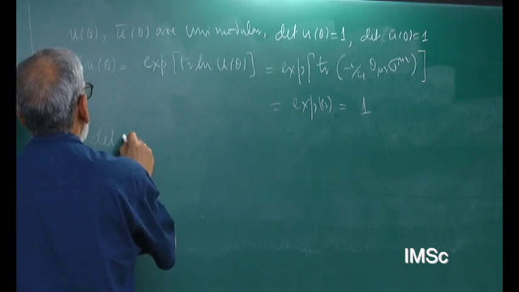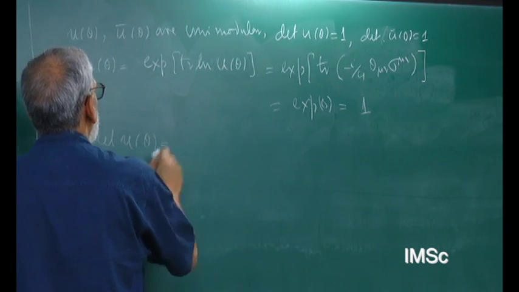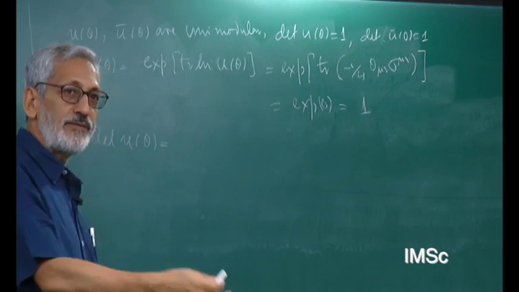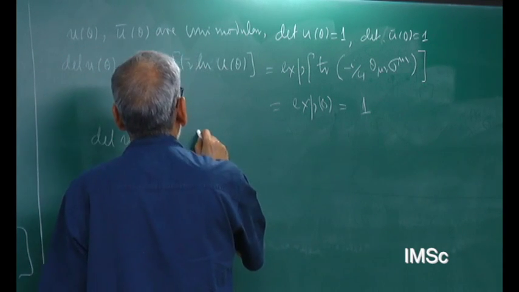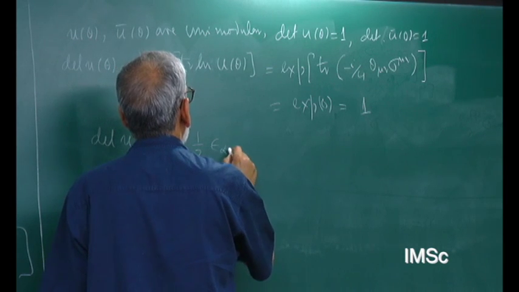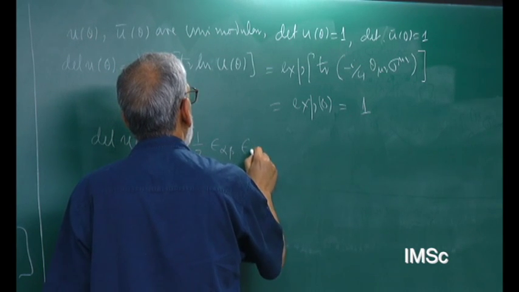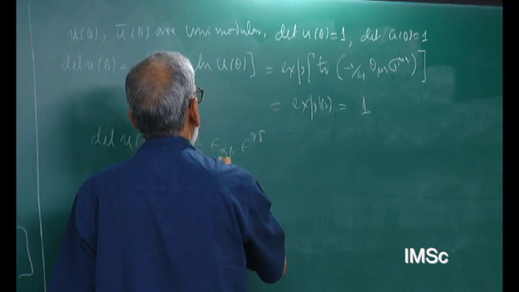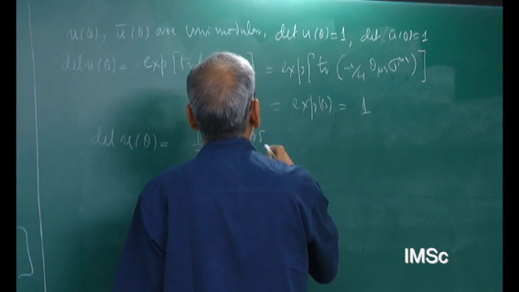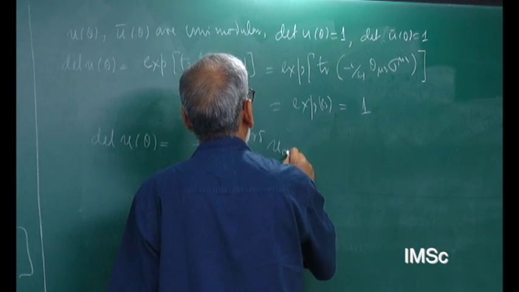So this was one way of writing the determinant of U theta. There's another way of writing the explicit definition of the determinant of a 2 cross 2 matrix: 1/2 epsilon alpha beta epsilon gamma delta U alpha gamma U beta delta.